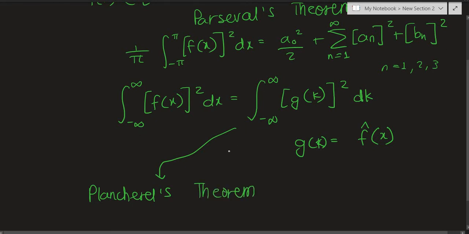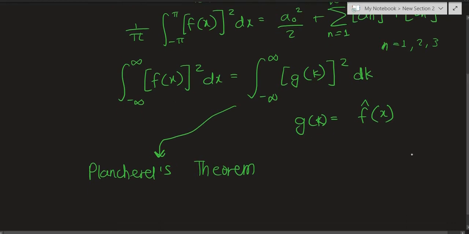You can still call it Parseval's theorem, but if you want to give it another name, you can say it's Plancherel's theorem, because Parseval's theorem is on discrete values. Continuous values are basically special cases of them. So this is Plancherel's theorem, or maybe you can call it Parseval's theorem.